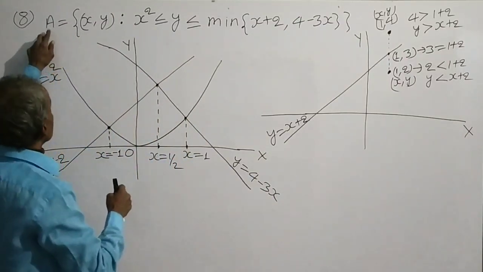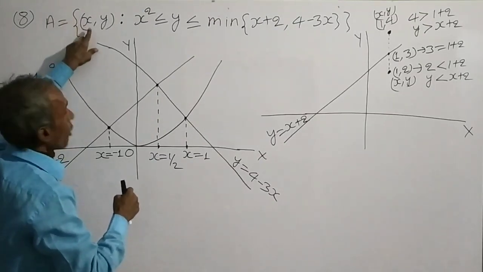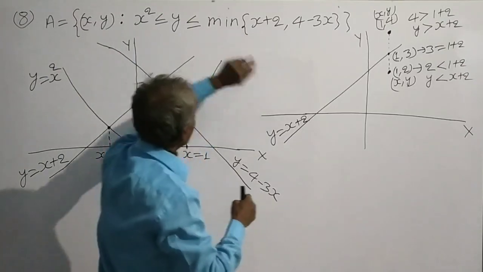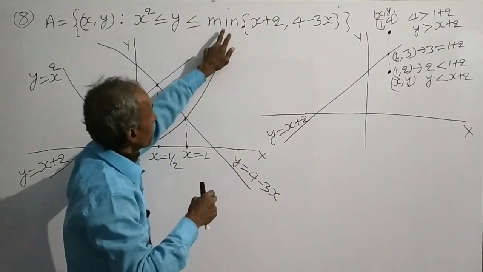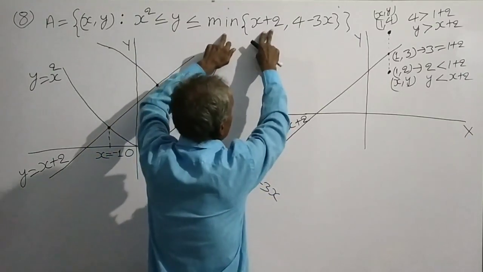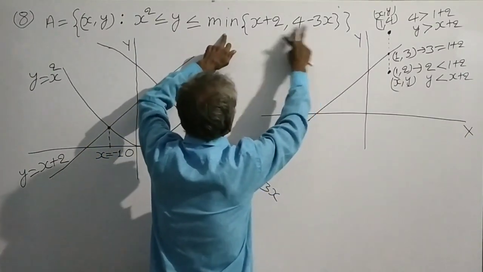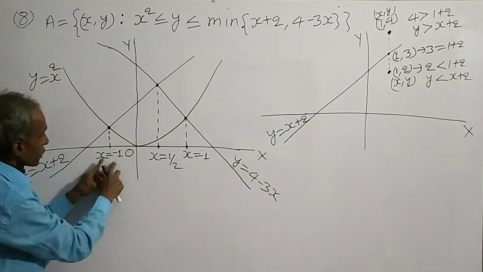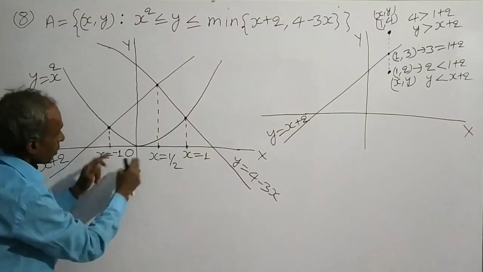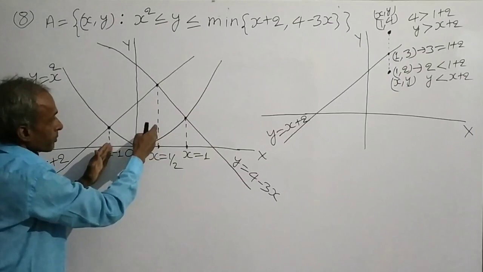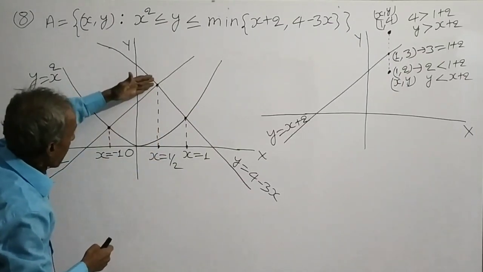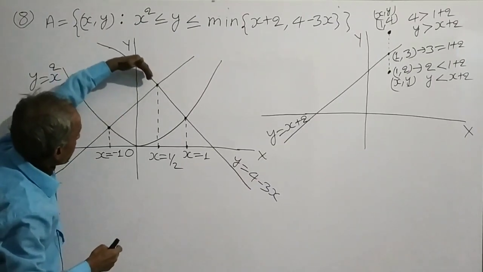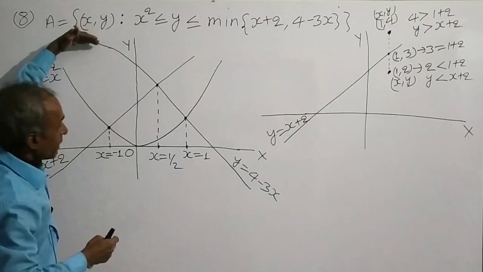Here A is given as the set of points (x, y) such that this condition is satisfied. Here it is written minimum of x plus 2 and 4 minus 3x, from x coordinate minus 1 to x coordinate 1 by 2. The height from this straight line is less than the height from this straight line.